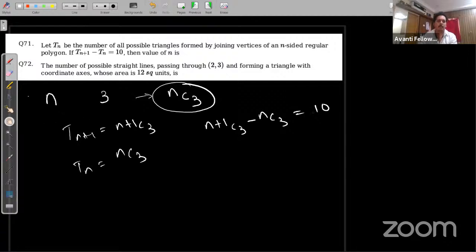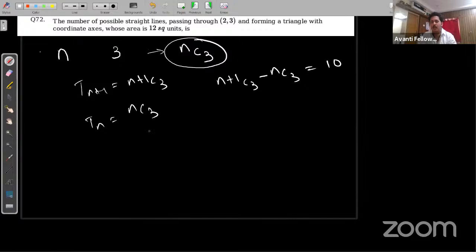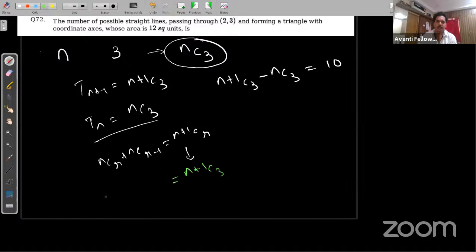Okay. So better than expanding it and writing all those things, which will be very difficult for you guys, I will use this formula: nCr plus nC(r minus 1) is equal to (n plus 1)Cr, right? So I can write my (n plus 1)C3 as, please be very careful by writing these things, guys, nC3 plus nC2.